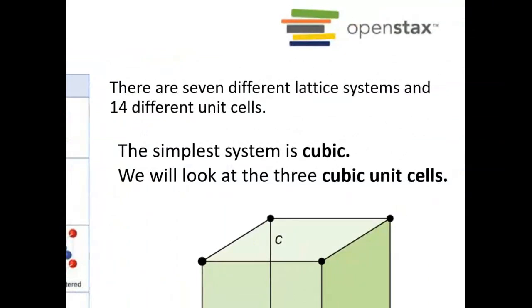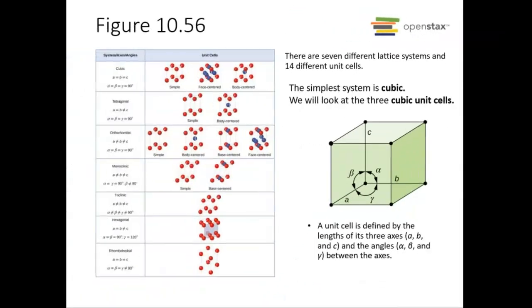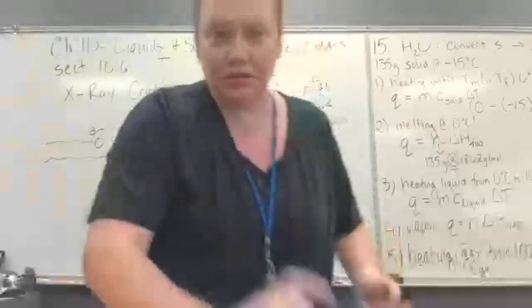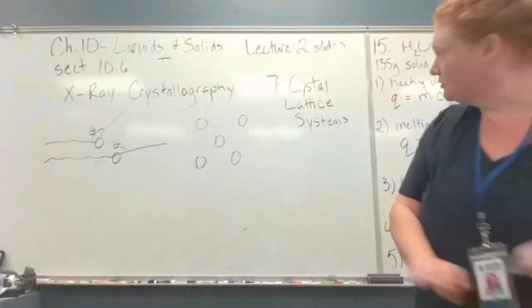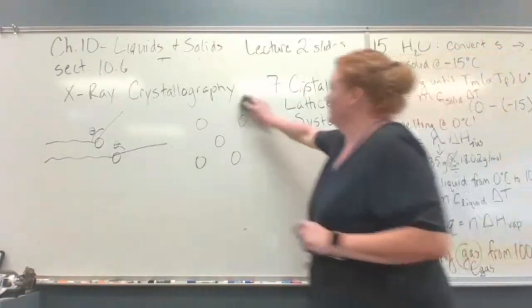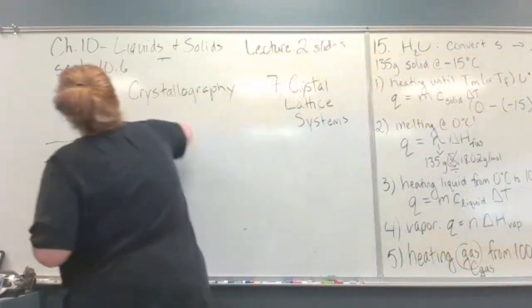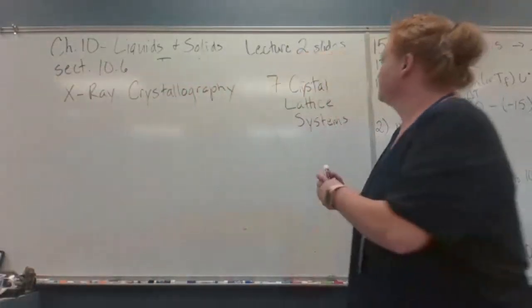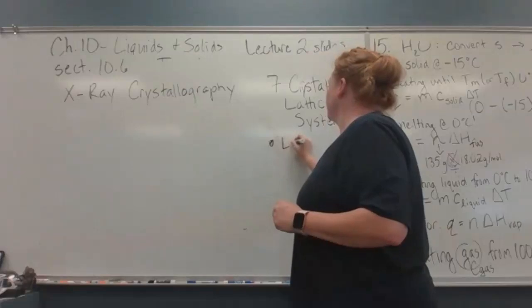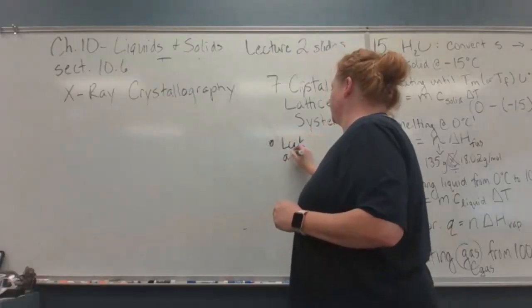So let's see, what do I want to define first? Let's talk about what is this word I'm using, unit cell. Let's do that first. We're going to look at the cubic system.